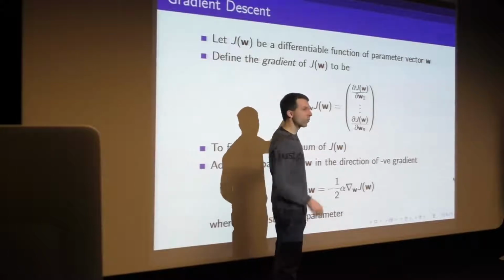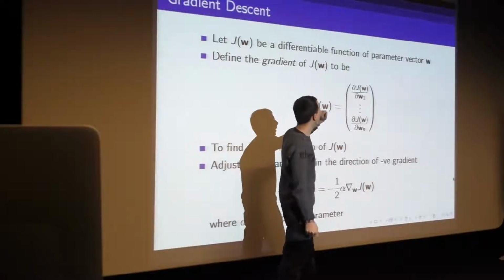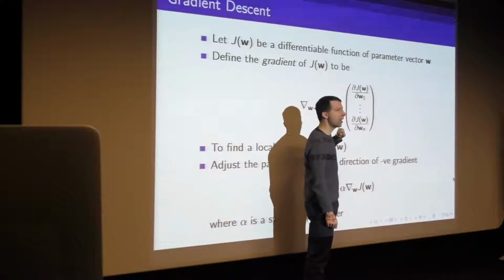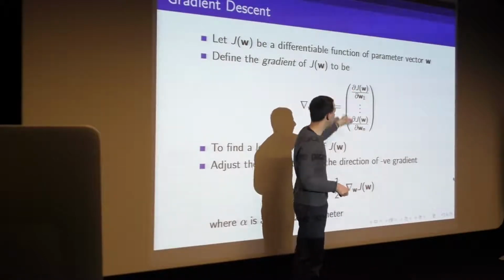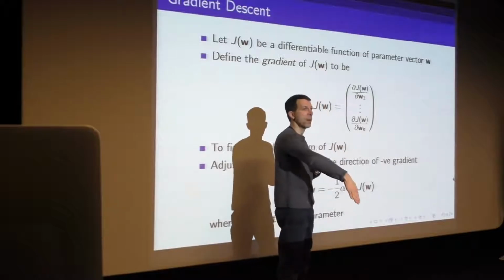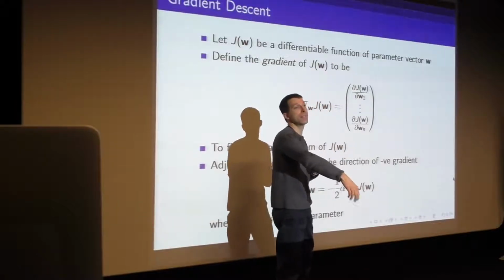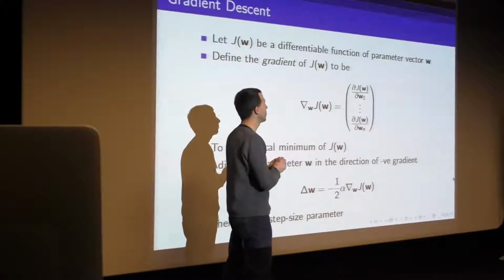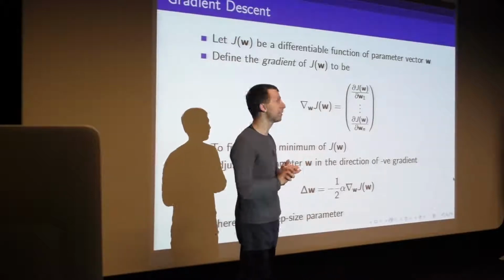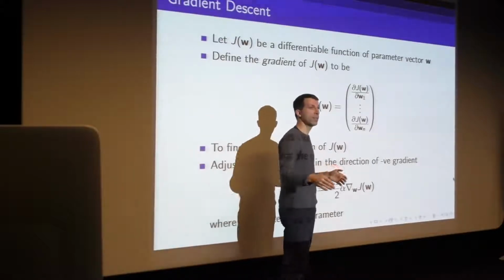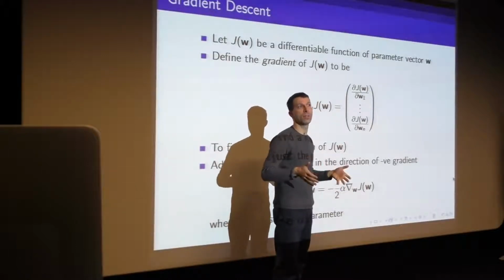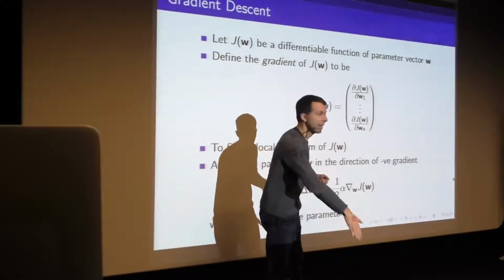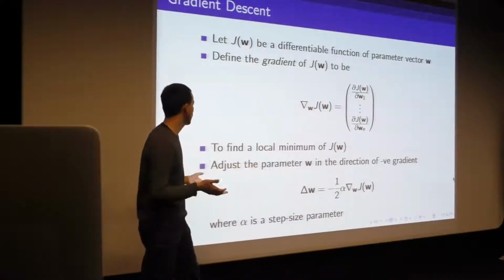The gradient vector is the vector of partial derivatives with respect to each of our parameters in turn. This vector basically tells us the direction of steepest descent or steepest ascent, and we're going to follow this downhill. So this tells us, if I'm on some surface, which way is down? And I want to follow that down my surface in the steepest possible way.